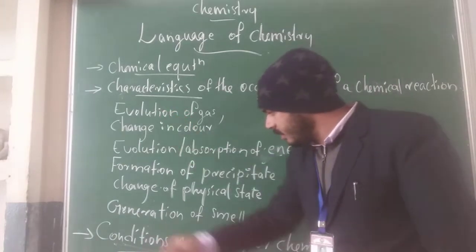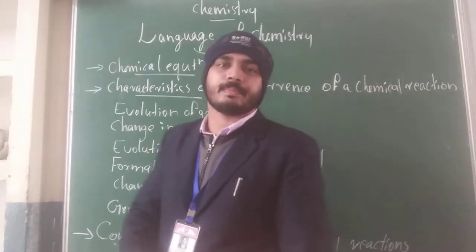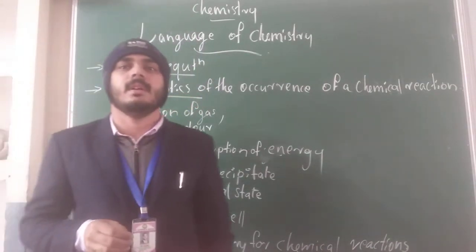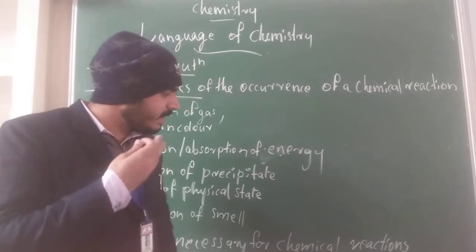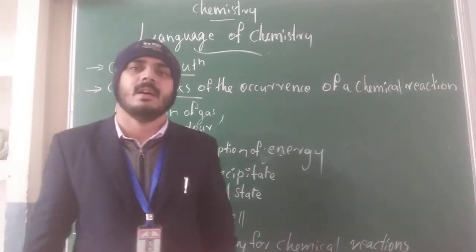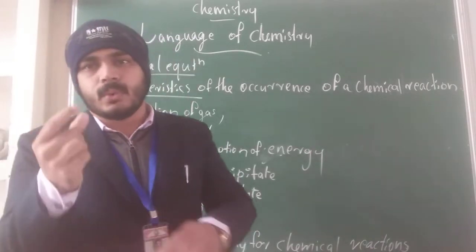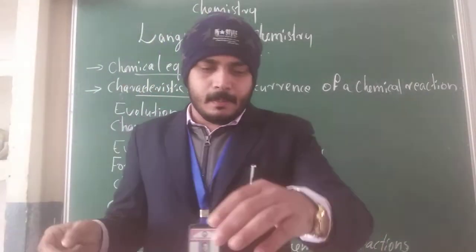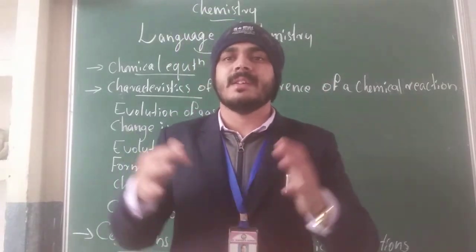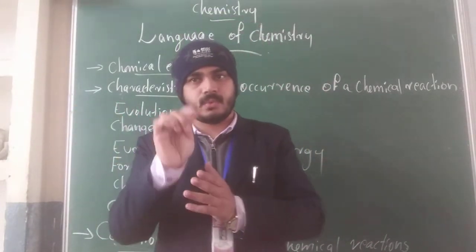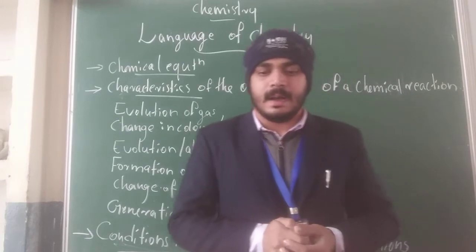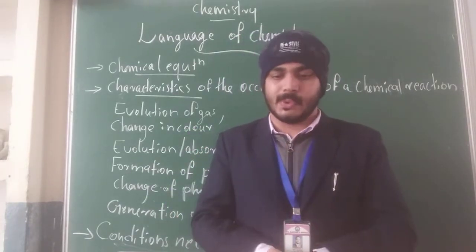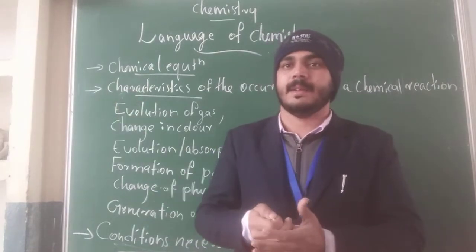Next, the conditions necessary for chemical reactions. A few conditions are given in your book. The first one is that the reactants must be in close contact. Second, they are in the form of solution. Third, heat is needed.